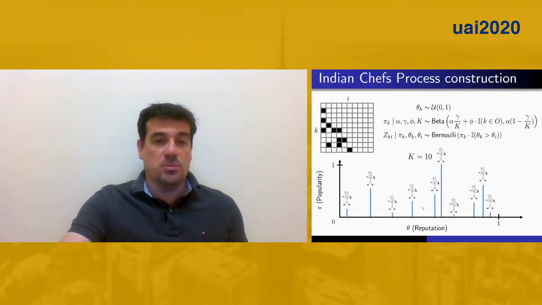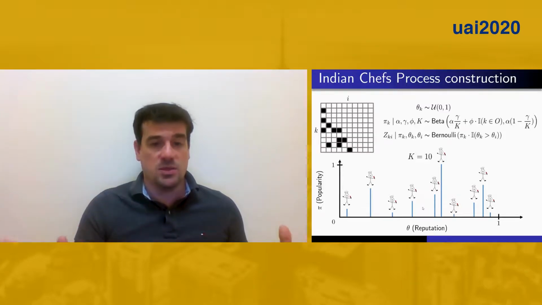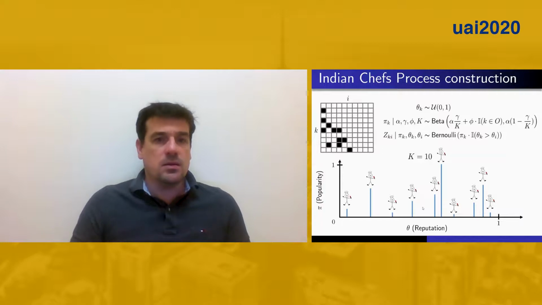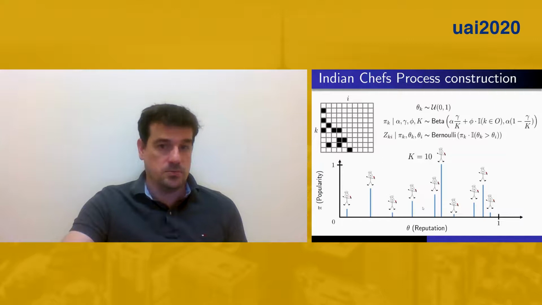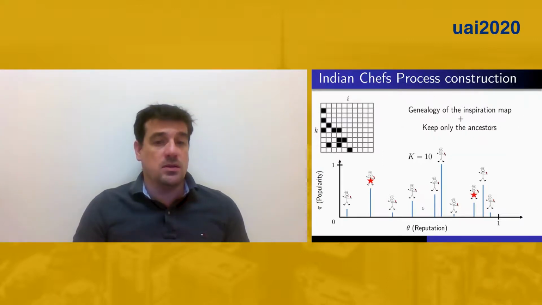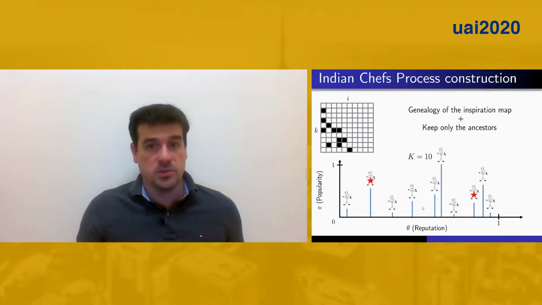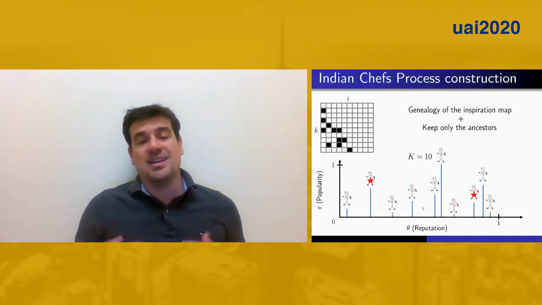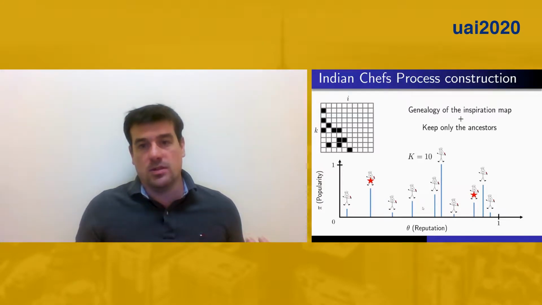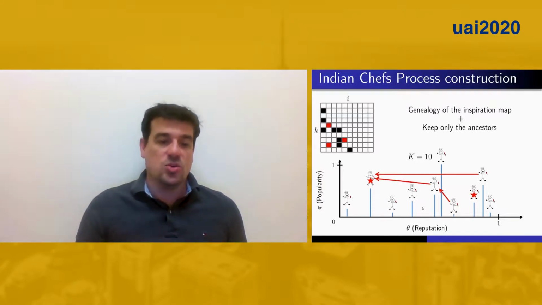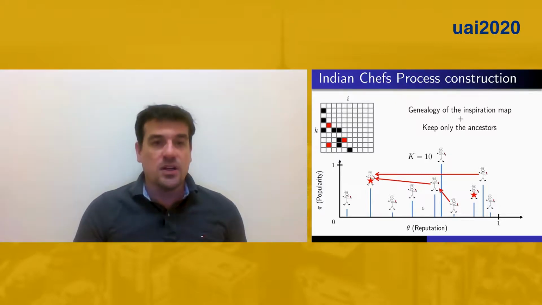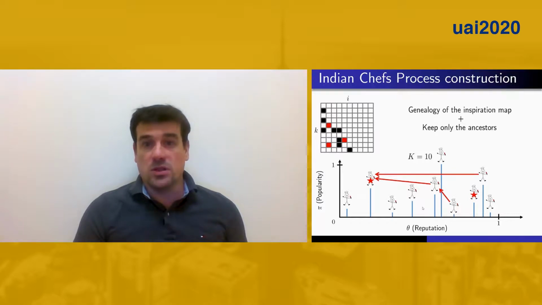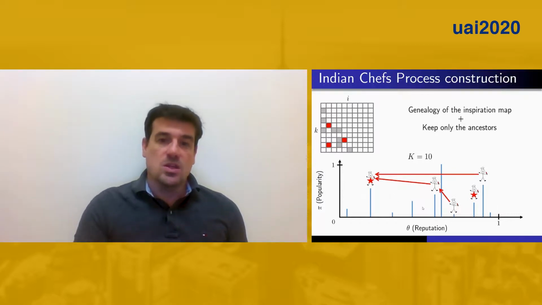So here is an example of a random adjacency matrix. We have different connections, but not all of them are interesting. We are only interested in star chefs corresponding to observable nodes, observable variables. And we will only keep the ancestors and the observable nodes themselves. So we can extract the sub-adjacency matrix and the subgraph involving the interesting observable nodes.